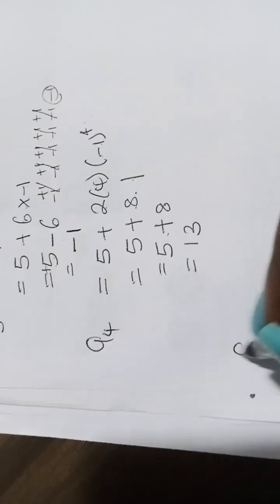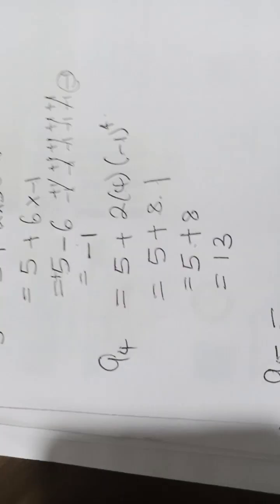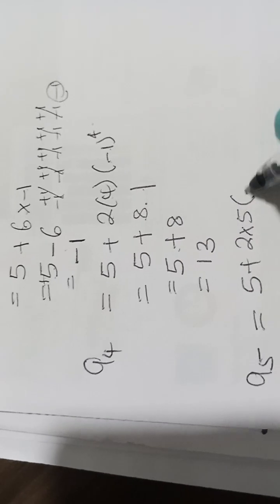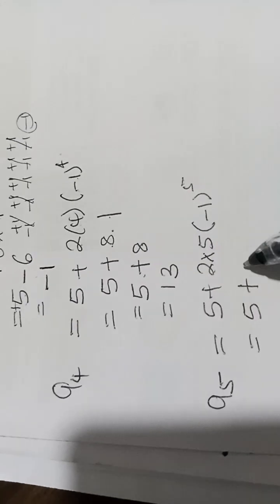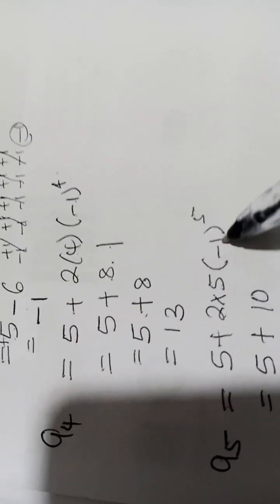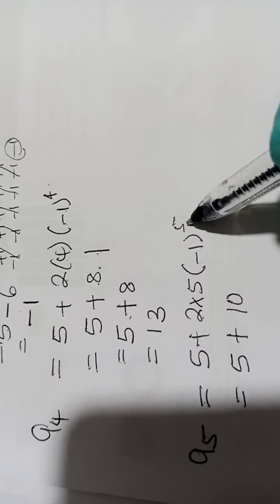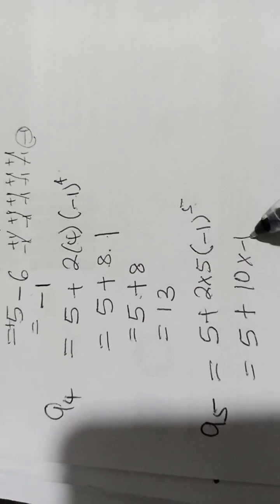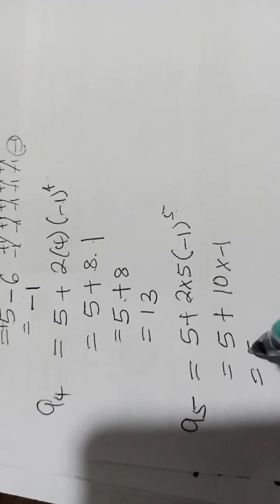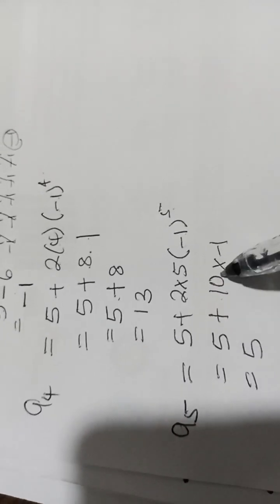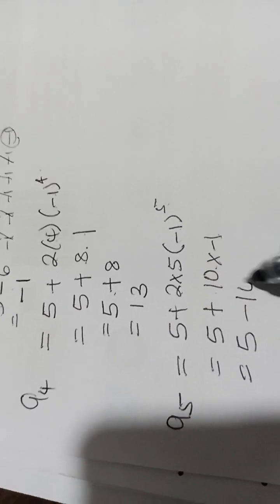And of course, let's go to the last one, a5. So using the rule, 5 plus 2n, our n is 5, so this is times 5 into -1 to a power of 5. We are going to have 5 plus 2 times 5 gives us 10. Again, -1 is raised to a power of odd, so this will give us a -1 equal to 5, 10 times a -1 gives us a -10.